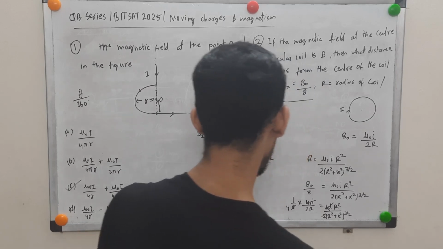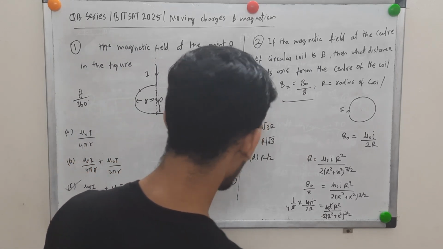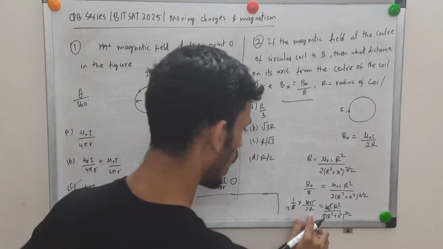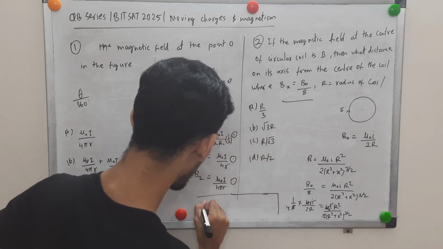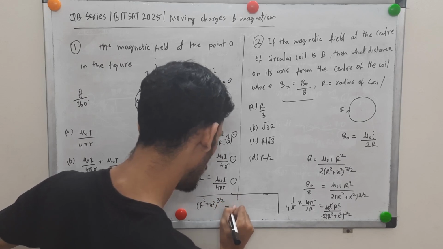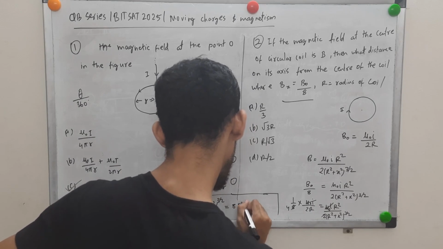Okay, so what are we left with? If you see, so here we'll have 8r, and this will take to the other side, so r square plus x square raised to 3 by 2, and 8r that will go on top as this.